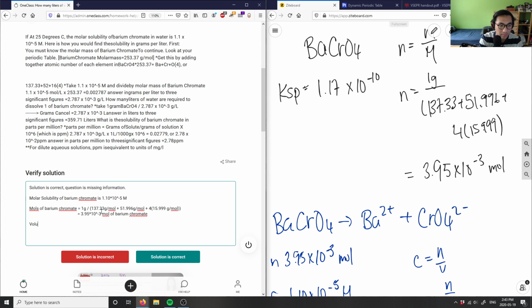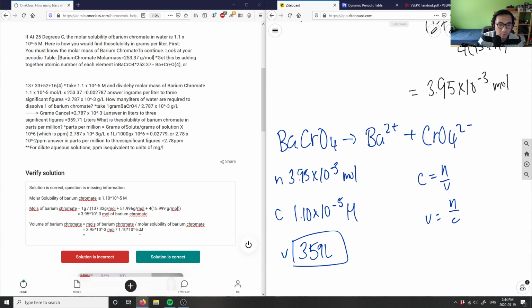Volume of barium chromate would be equal to moles of barium chromate divided by our concentration, or molar solubility. Copy and paste this here, divided by our molar solubility, which is 1.10 times 10 to the negative 5 M, which would give us our volume, which is 359.